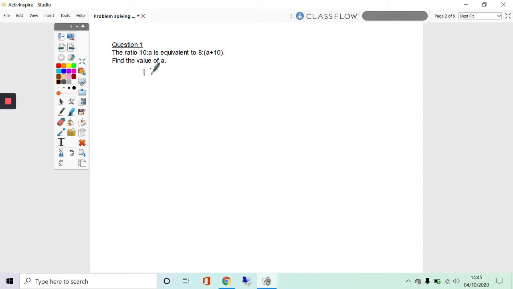So what they're saying is that 10 to A is equal to 8 to A plus 10. So what we can say is that 10 over A is equal to 8 over A plus 10.